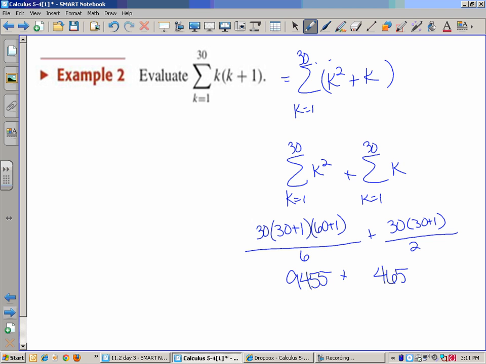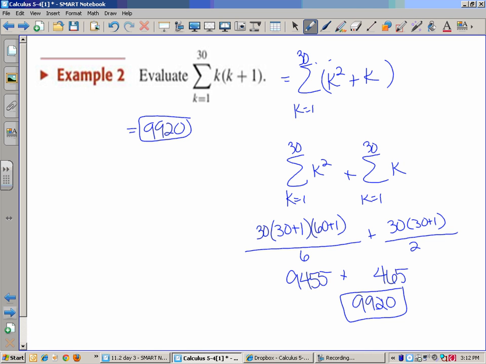And when I add those together, I get this number, 9920. Okay, and that is in fact the answer to this. So this equals 9920. Okay, so all we're going to do is use our calculator, plug into the formula, and hopefully get the correct answer. Hopefully, assuming we haven't made a mistake somewhere, and we get the right answer.